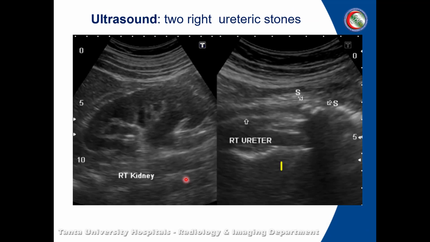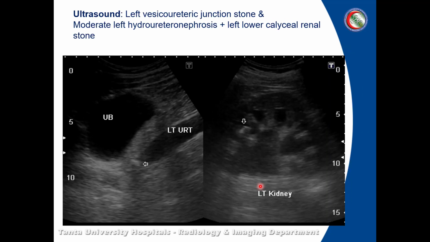This is a picture of stones in ultrasound, which appear white in color with posterior shadowing. This is the right ureter with two stones seen inside. So the ultrasound picture shows two right ureteric stones, but it's more difficult. Another ultrasound picture.